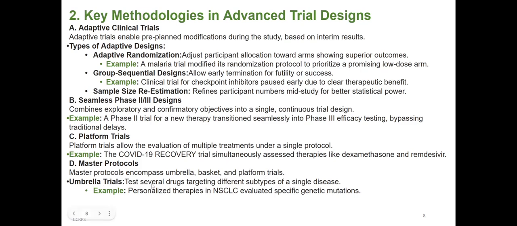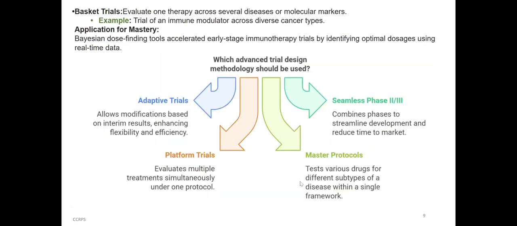Umbrella trials test several drugs targeting different subtypes of a single disease. For example, personalized therapies in NSCLC evaluated specific genetic mutations. Basket trials evaluate one therapy across several diseases or molecular markers.